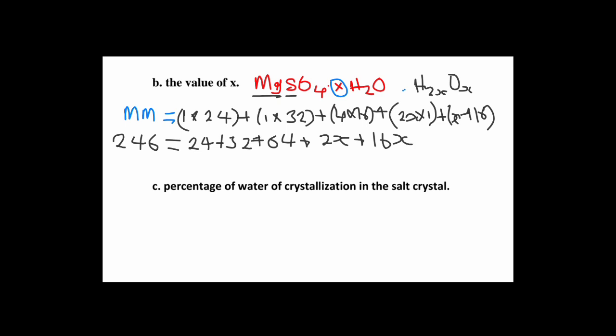When we add everything on this side, we are going to say 246 equals, when we add everything, we are going to have 120 plus 18x.